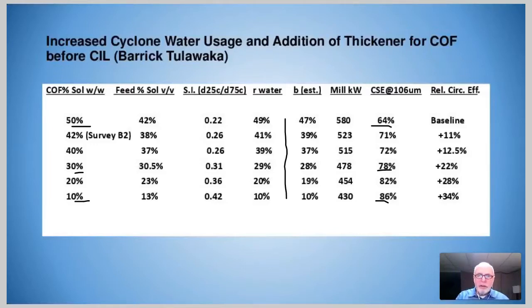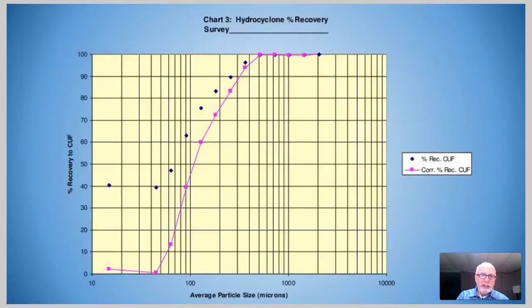So we've seen that the two really important factors for maximizing CSE are first, circulating load ratio, and secondly, the water balance. The third most important factor is the separation sharpness of the cyclone itself. On this previous slide, we see the actual recoveries, again the dark dots, and the reduced recoveries to underflow.